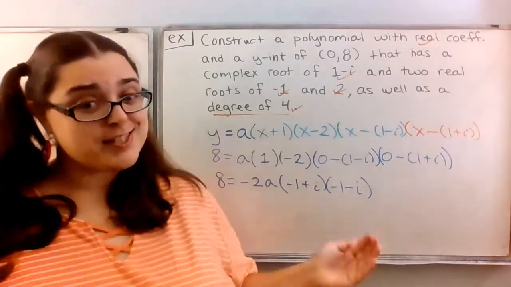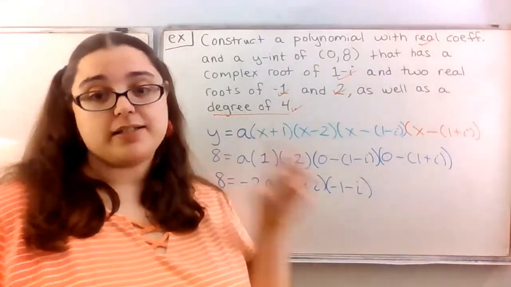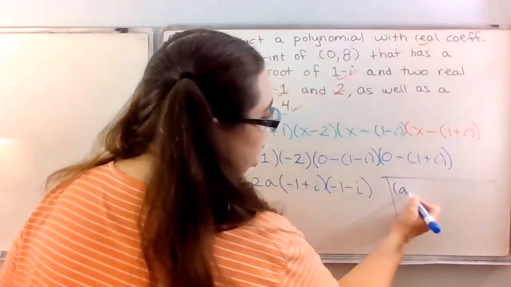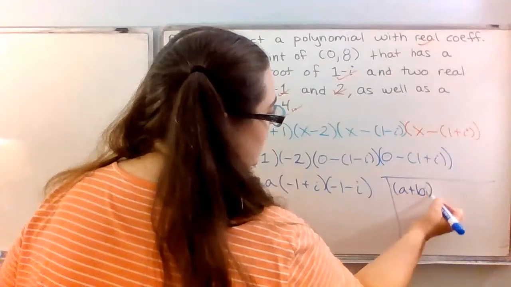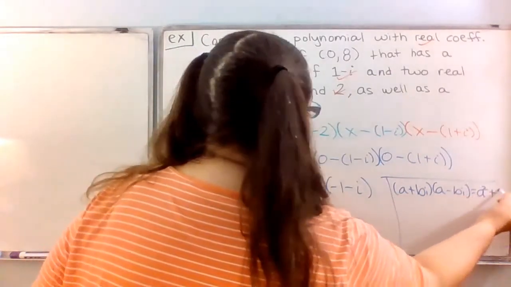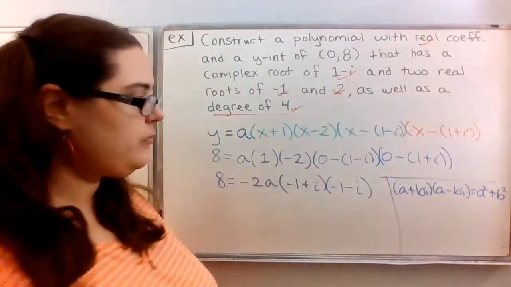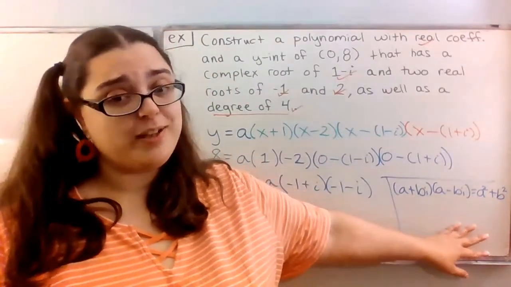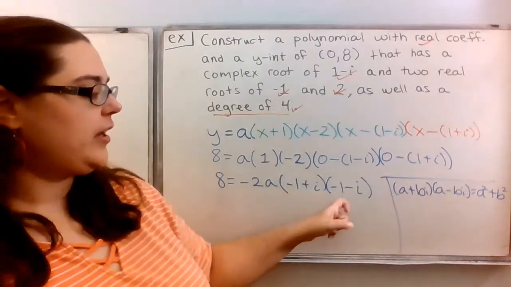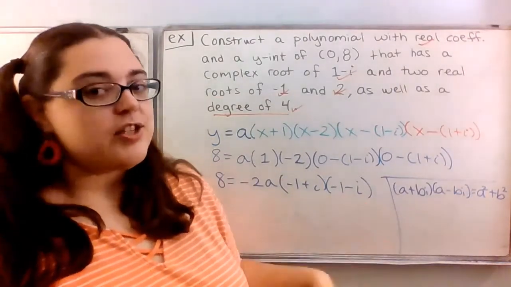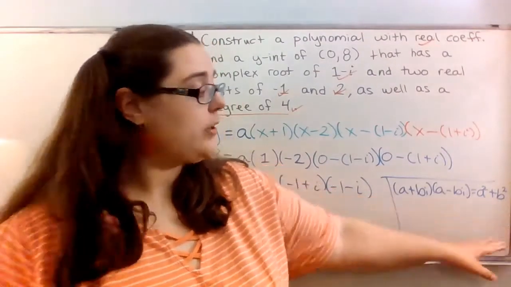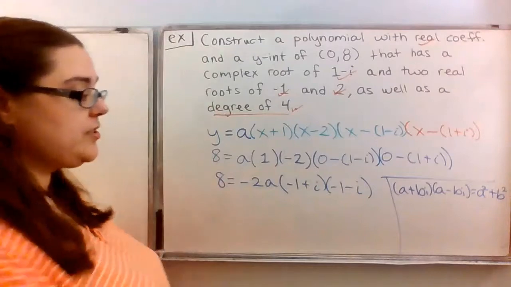Now, we just saw that (a plus bi) times (a minus bi) gave us a squared plus b squared. If you want to remember that as a formula, that can be really helpful, because here we have -1 plus i and -1 minus i. So I can apply this formula and just rewrite it as a squared plus b squared, where the a and the b are the coefficients.